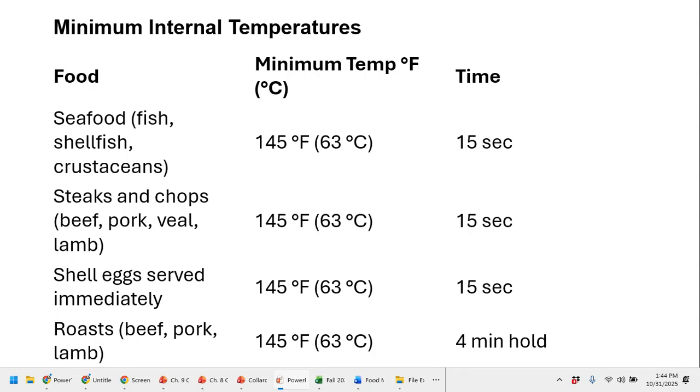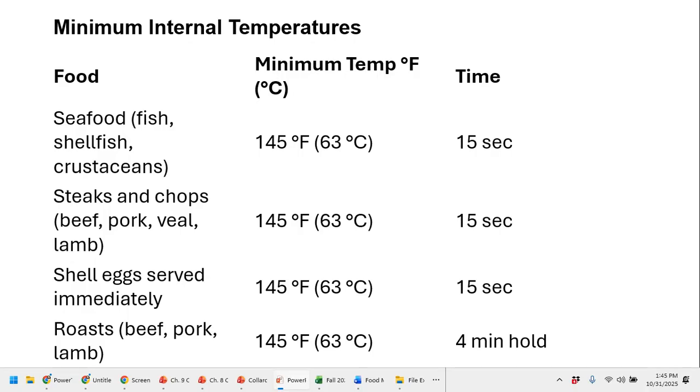Then back up to the top, we've got our seafood, so our fin fish, our shellfish and crustaceans, 145. And then steaks, chops, so whole pieces of meat that have not been tenderized or damaged in any way, beef, pork, veal, lamb, 145. And then whole roasts. Those have to be roasted up to 145.